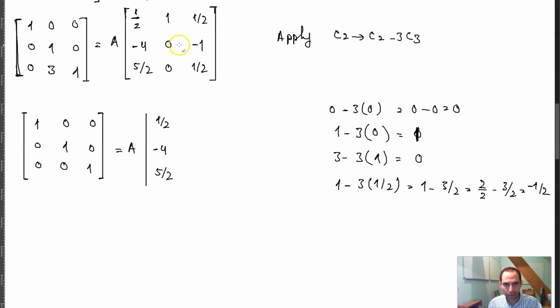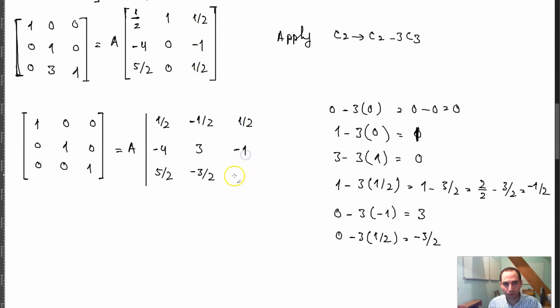Then you have 0 minus 3 times -1, which is equal to +3, and 0 minus 3 times 1/2 is equal to -3/2. And that is basically the second column. So -1/2 and 3 and -3/2. And the third column remains the same, 1/2, -1, and 1/2.